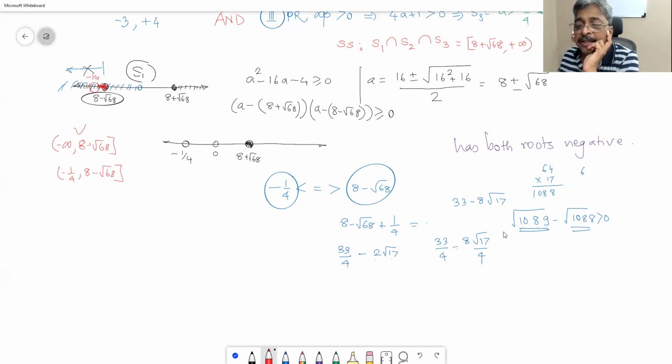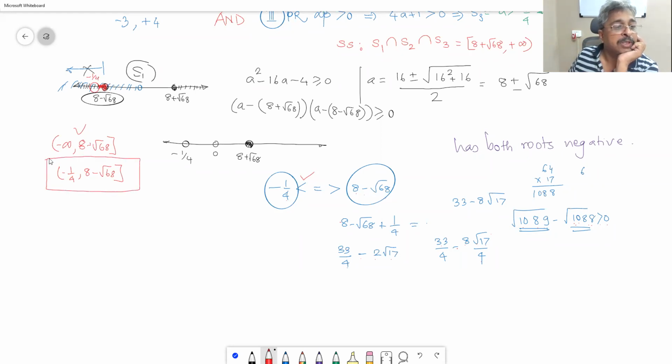So I can write 33 as root of 1089, and 64 into 17 is 1088, root of 1088. Now we see that this difference is greater than 0. Therefore, minus 1 by 4 is less than 8 minus root 68. Therefore, the final solution set is this.